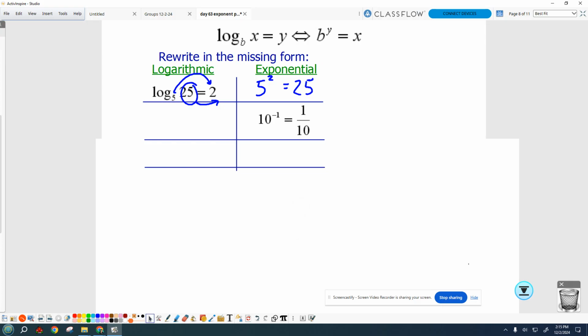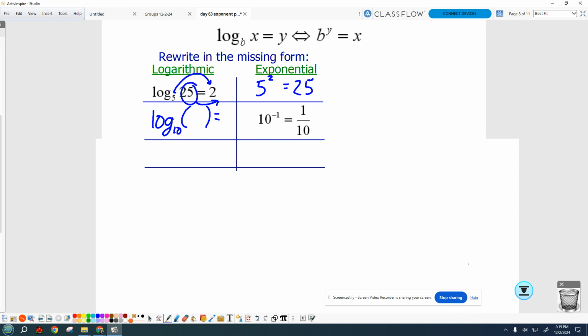Okay. Adele, this one, what's the base? 10. So am I going to write log base 10, or am I going to just write log? I can just write log. But some people want to see the 10, so I'm going to write the 10, but you're right, cool kids, we don't need to.